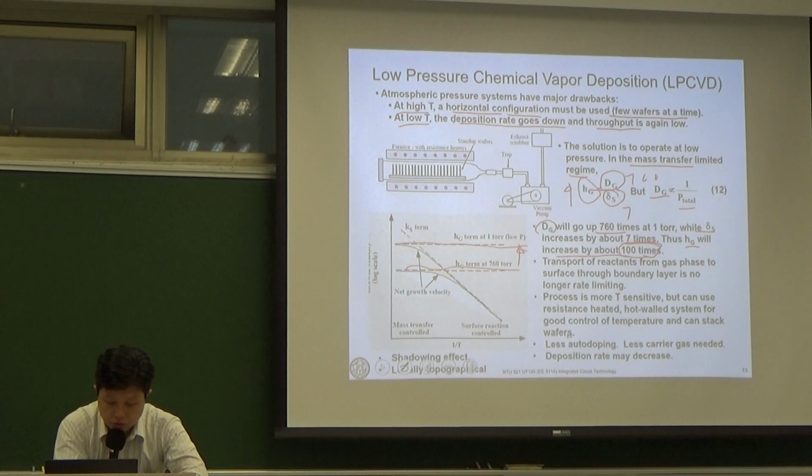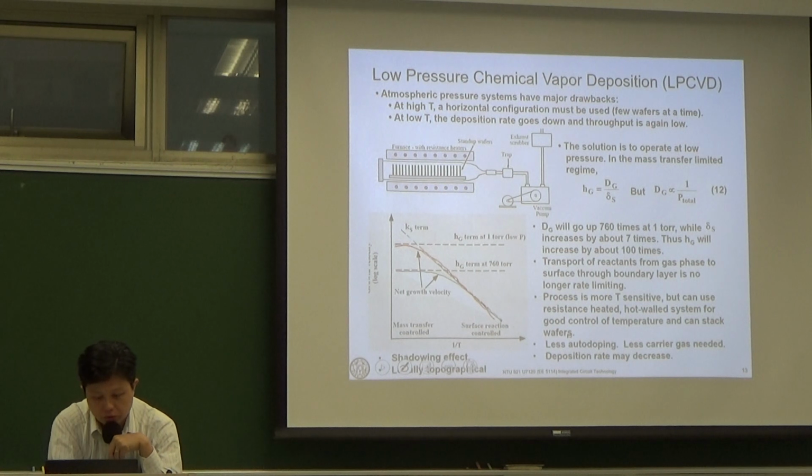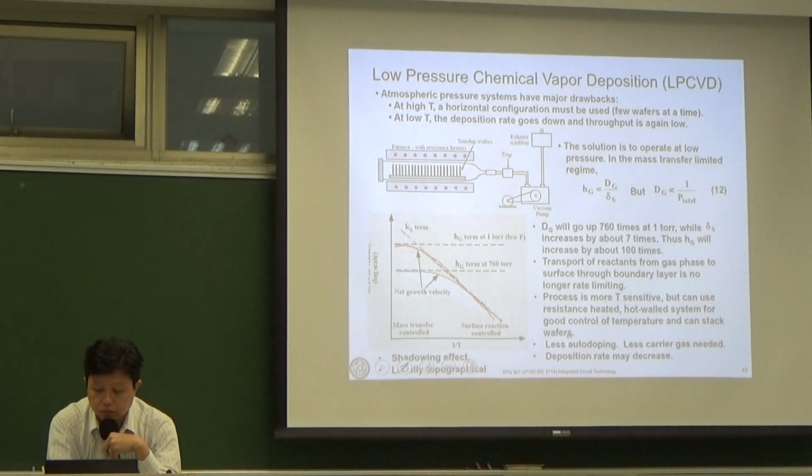But if you increase the h_G, you make your process more temperature sensitive. You see, right now this curve is like this. So along a wide range of temperature variations, your growth rate is actually very sensitive to your temperatures. So in that case, we have to control our temperature very accurately.